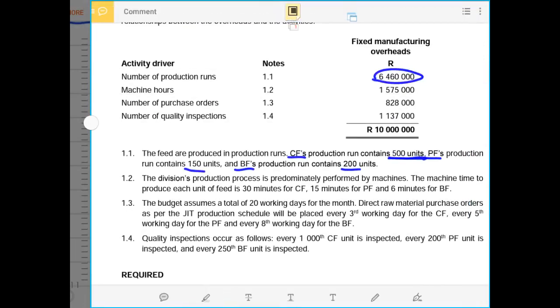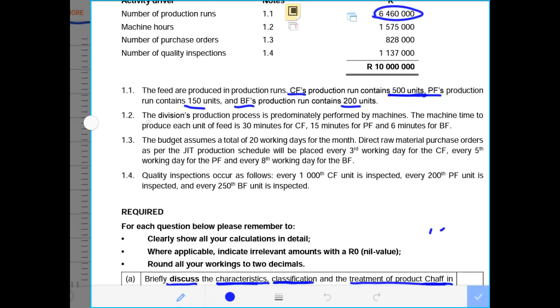1.2 says the division's production process is predominantly performed by machines. The machine time for each unit of FAT is 30 minutes for CF, 15 minutes for PF, and 6 minutes for BF. So now we have to convert the units into minutes.